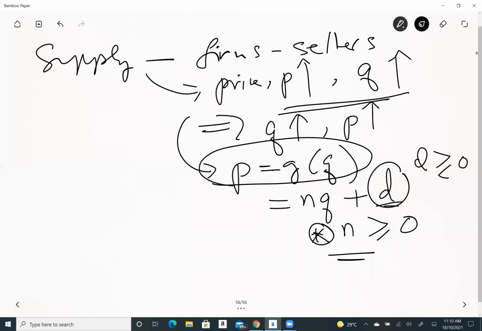Therefore, when you draw the graph, you do it this way.